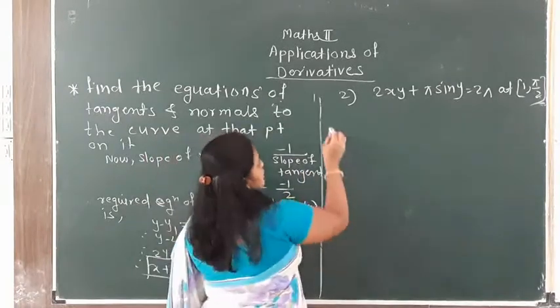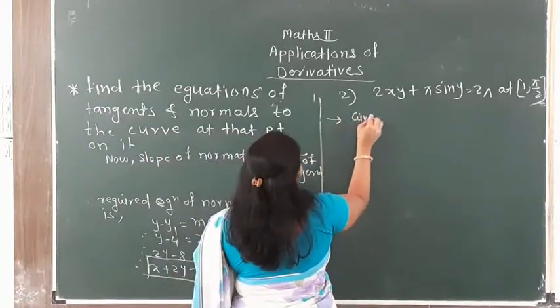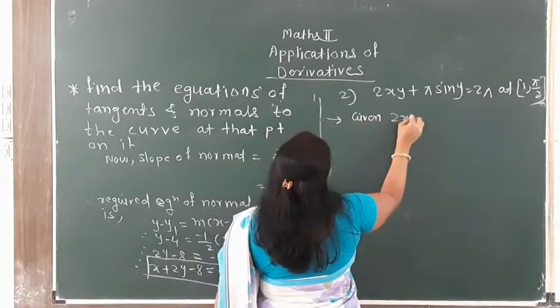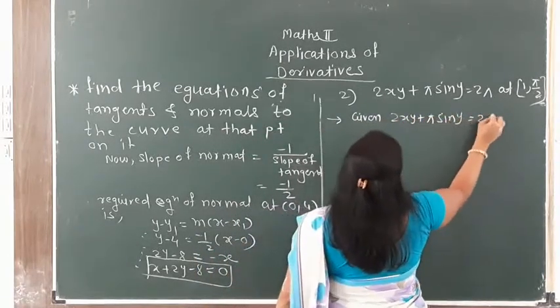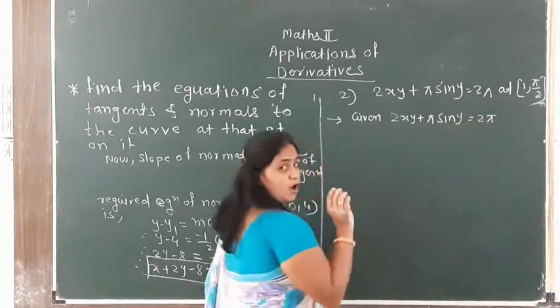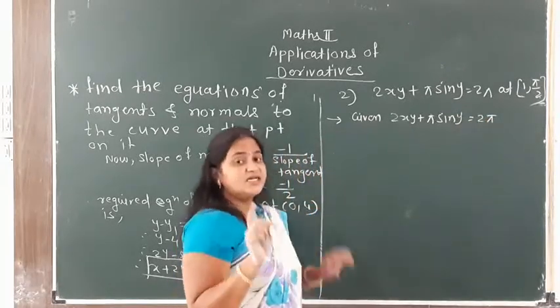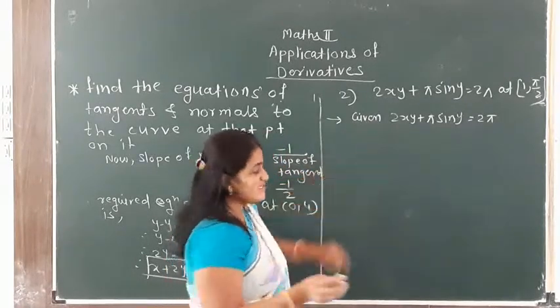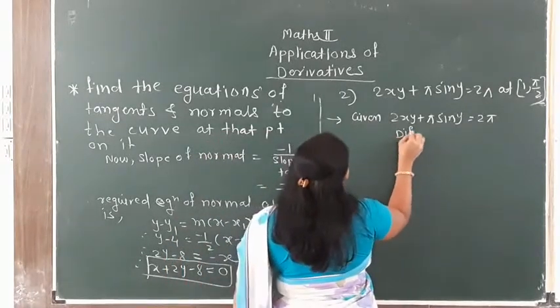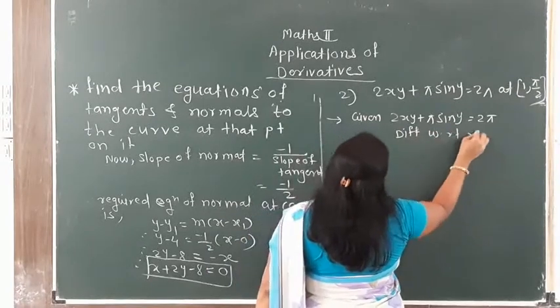Given 2xy + π sin y = 2π. Now differentiate, because I want the slope of the tangent. So we differentiate the given curve with respect to x.